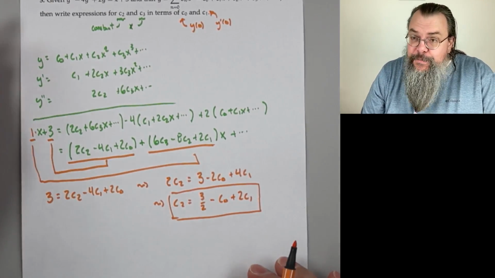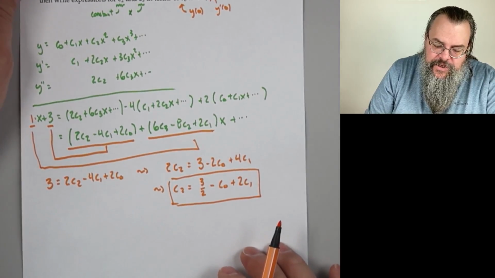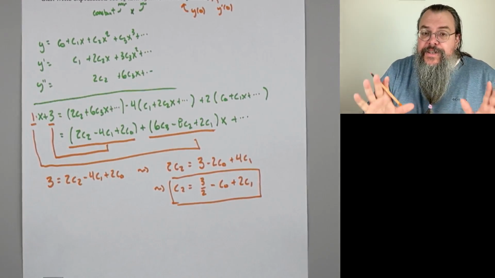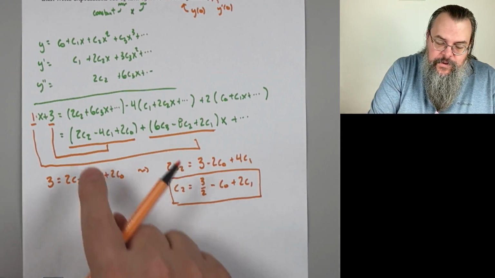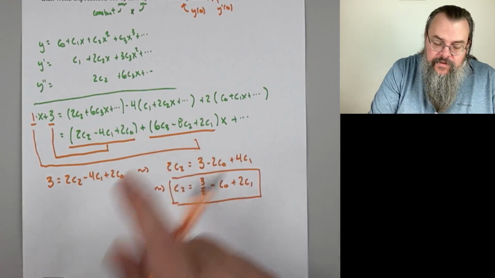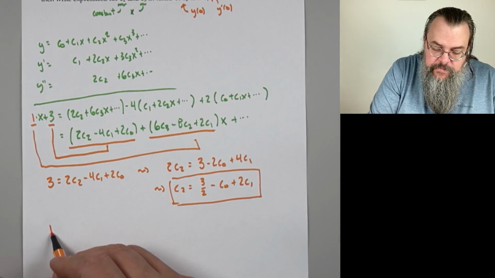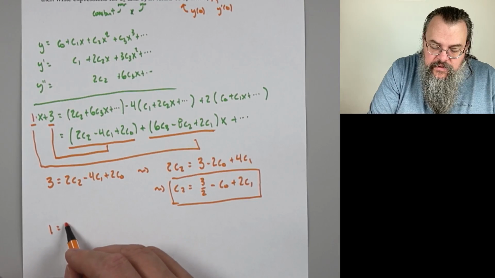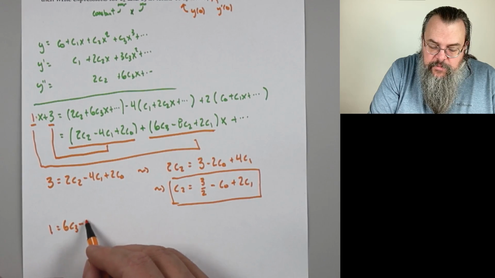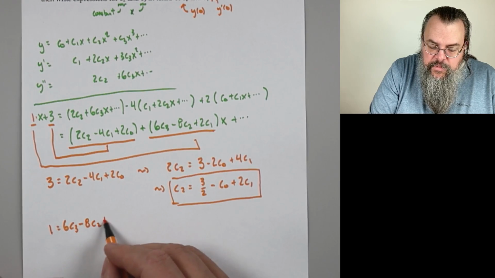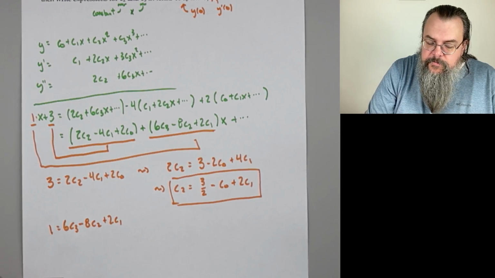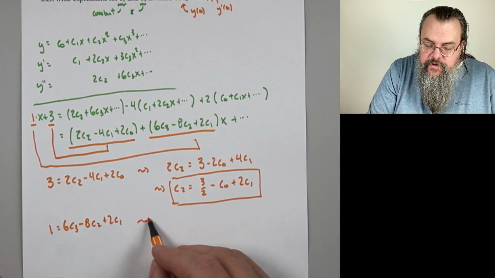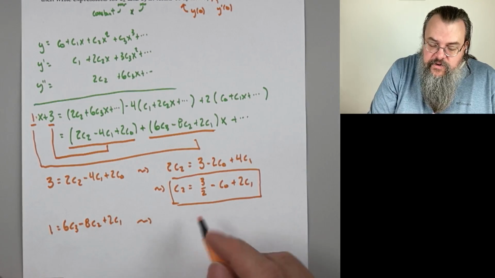All right, good progress. Okay, now, the next part, the coefficient for x. We'll get that 1 is equal to 6c3 minus 8c2 plus 2c1. Okay, do something similar. Move the parts across.